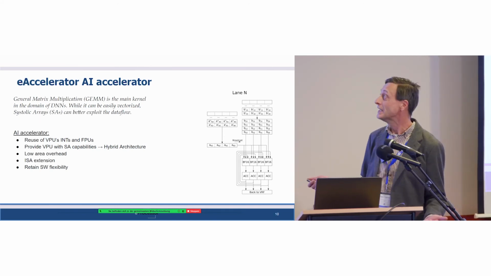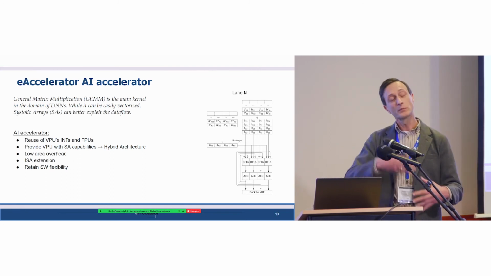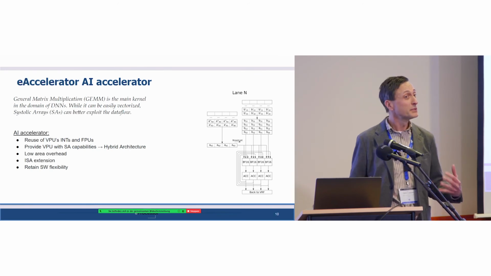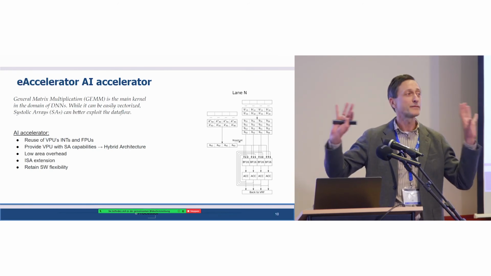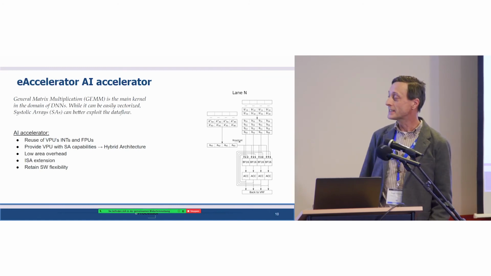So what we do is reorganize the flow of the data so that we can have the functionality of the systolic array, but reusing the same unit. So we don't need to have a systolic array on the side of the vector unit. And that is a really nice thing.